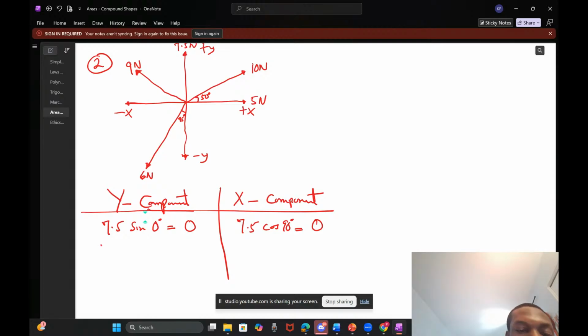So this will be 10 sine 50. 10 sine 50 will give us 7.66. And then we'll do 10 cos 50. 10 cos 50 will give us 6.43.